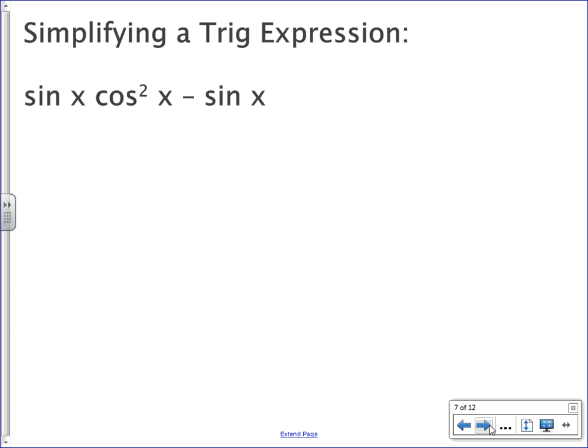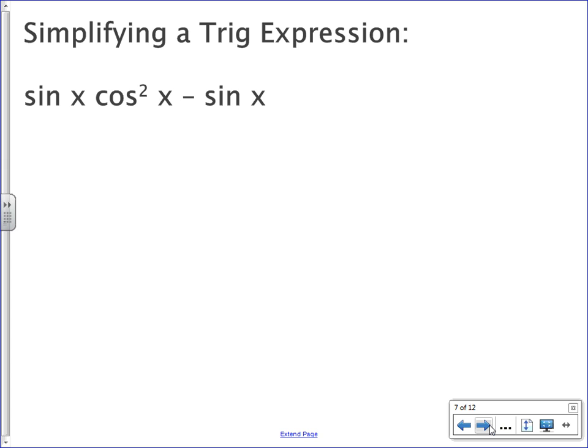Something else? Well, we have two terms here. We have this term minus this term. What's true about both of them? They both have a sine.